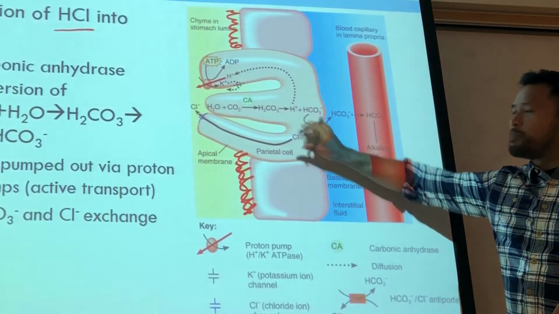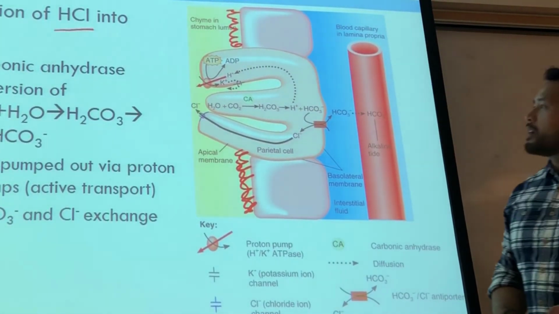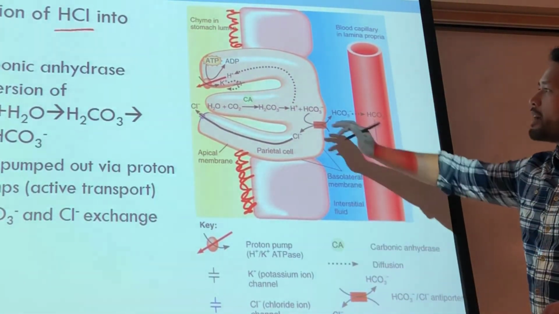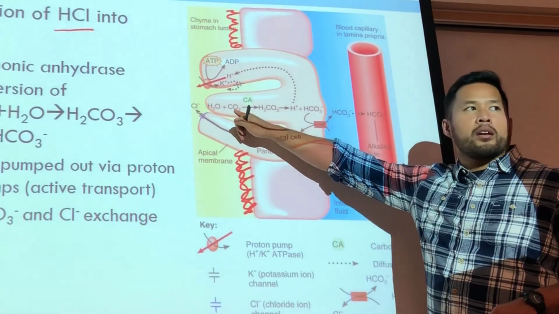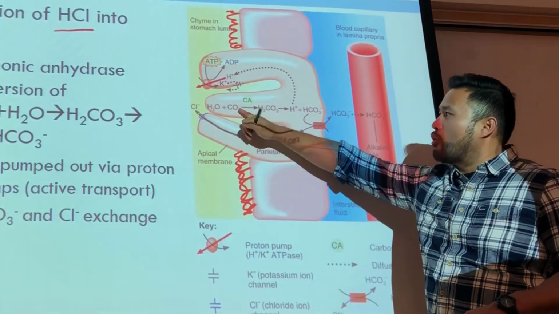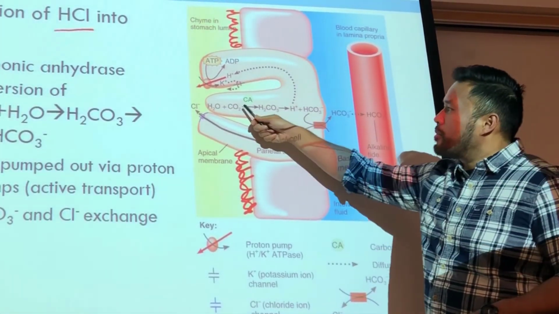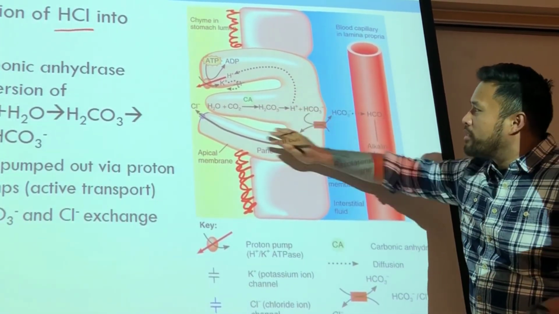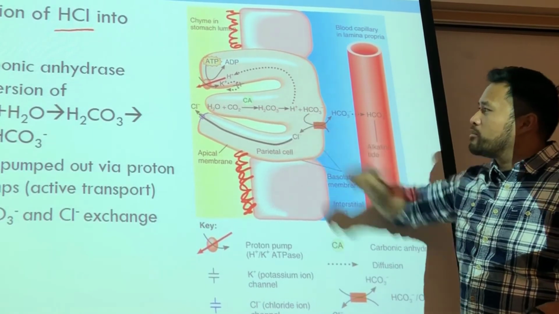Parietal cell is metabolically active, and I'll show you where that step is taking place. And through that metabolically active parietal cell, we're producing carbon dioxide. We use ATP in order to produce carbon dioxide. Carbon dioxide mixes with water through carbonic anhydrase within our parietal cell and will then produce carbonic acid.